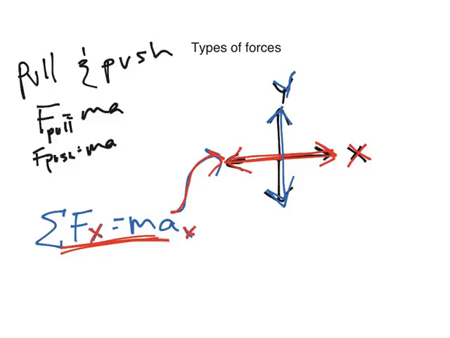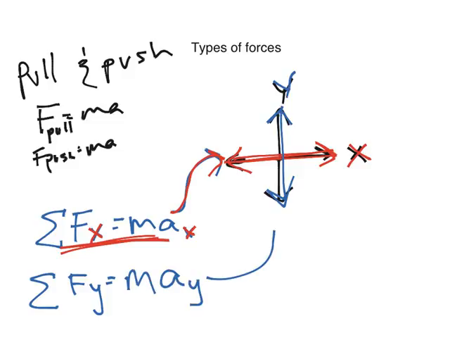So your Fx is equal to your m times your acceleration in the x direction, and only in the x direction. For talking about your forces in the y direction, it's the same thing. It's only your force that goes up and down times the mass times your acceleration in that direction.